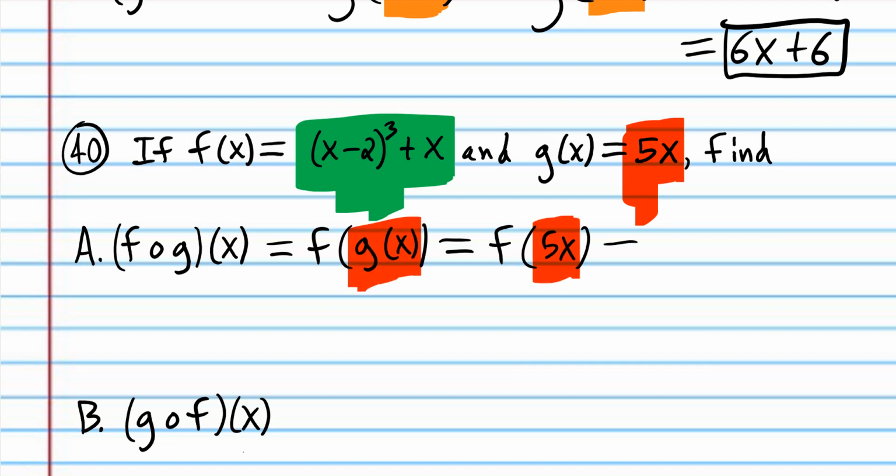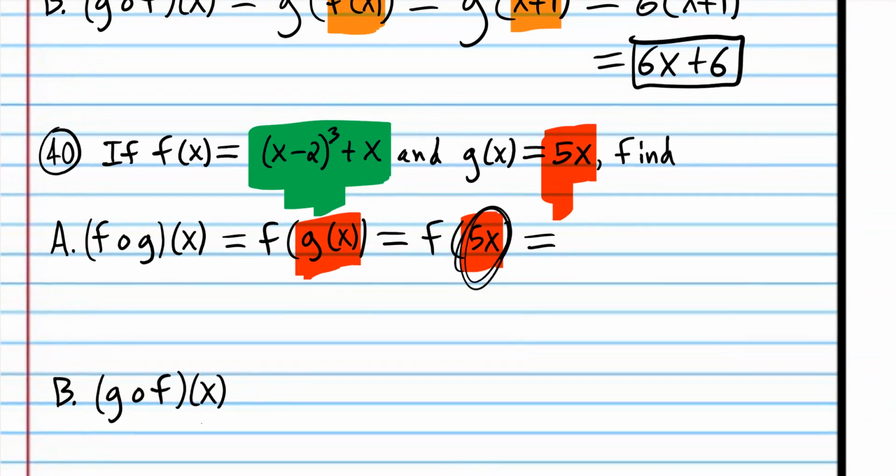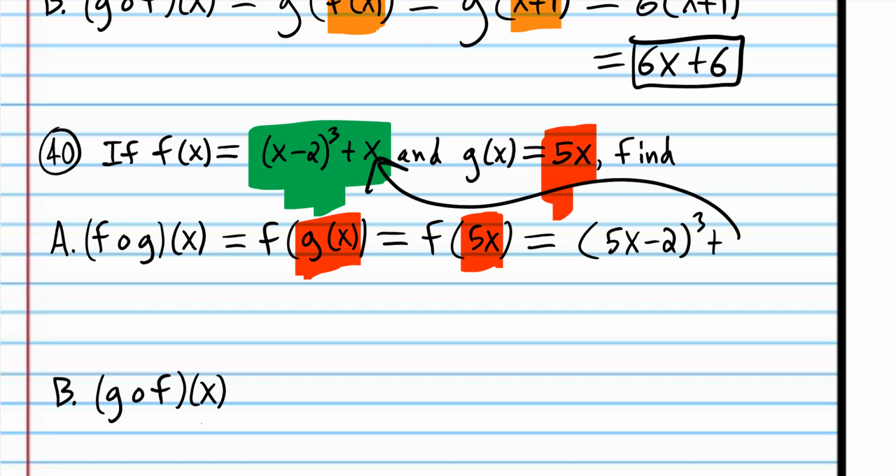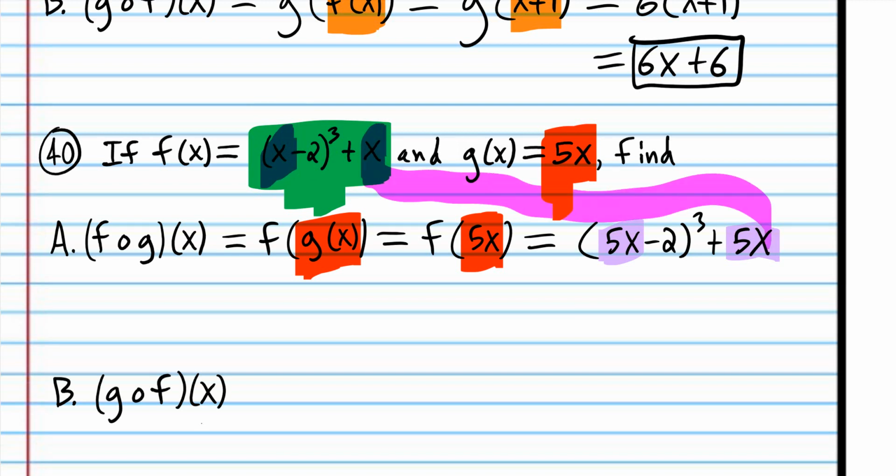That's what it equals. So now what we're doing is we're plugging in 5x into the f function. So instead of x minus 2, it's 5x minus 2 cubed. Plus, instead of plus x, it's plus 5x. So do you see that I replaced x with 5x in these regions here? So that is the answer.